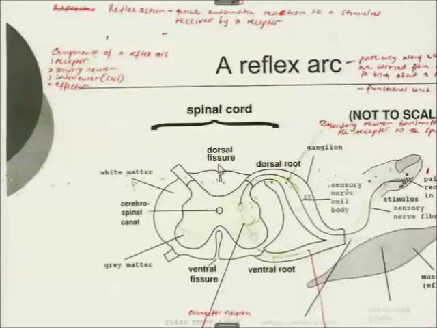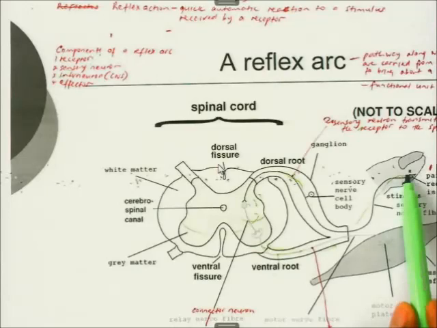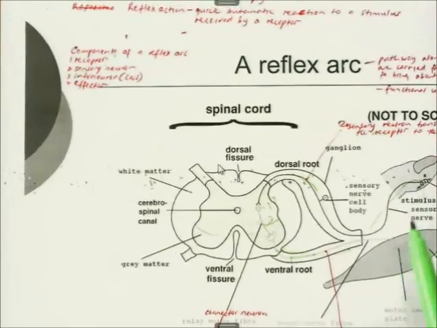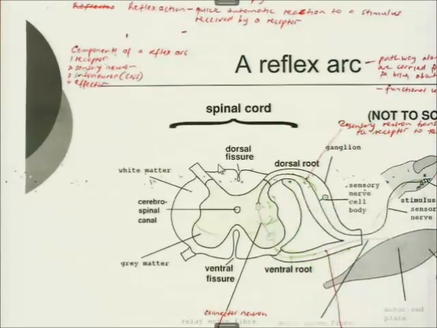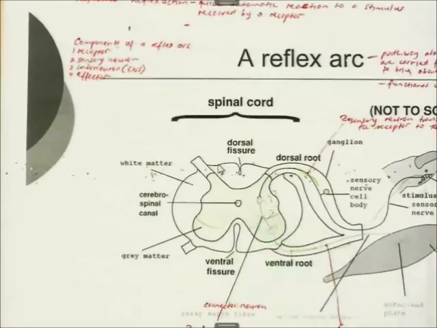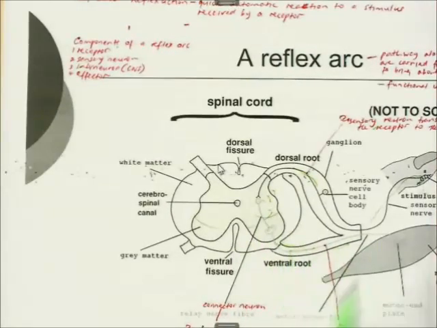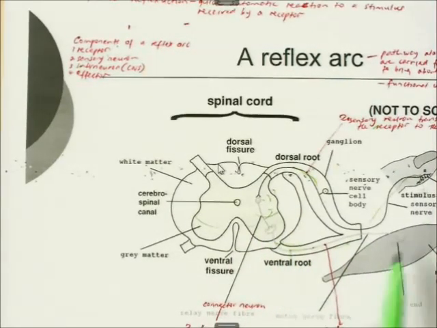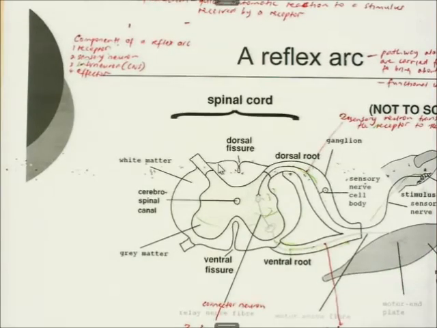The 5 components of a reflex arc are a receptor, a sensory neuron, an interneuron, a motor neuron, and an effector.